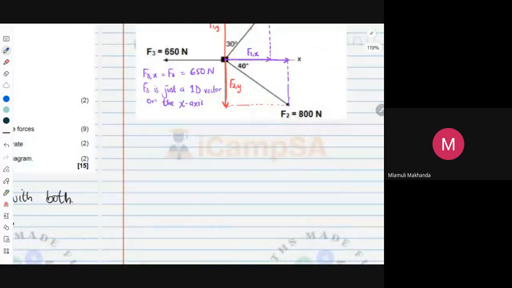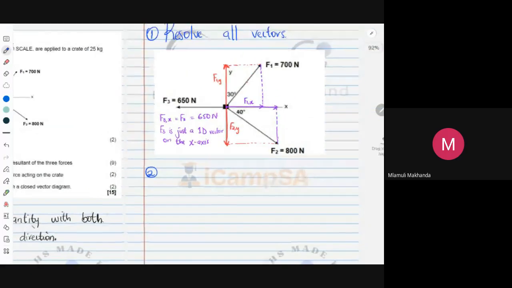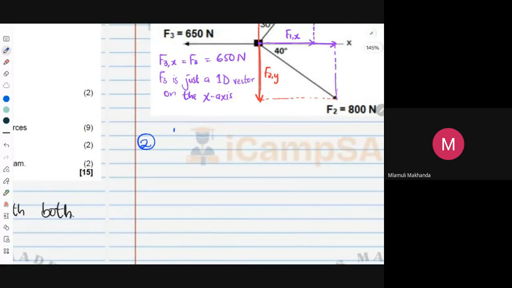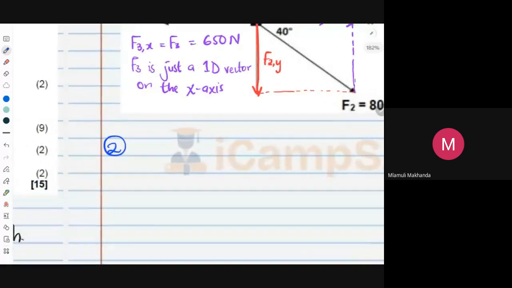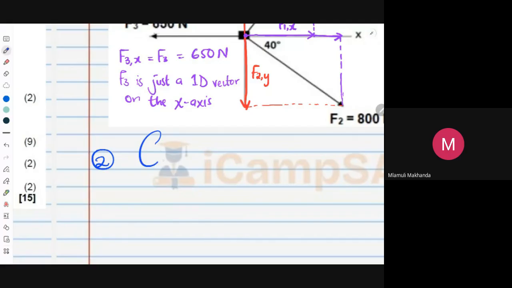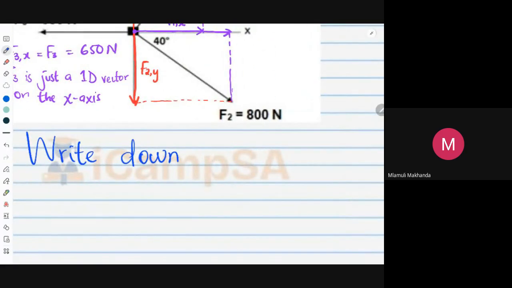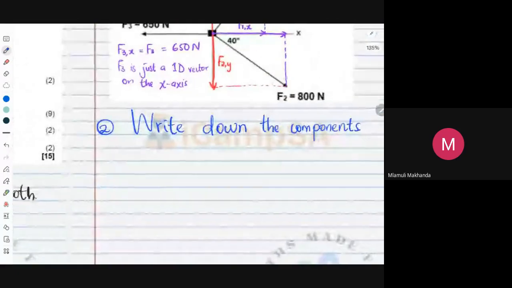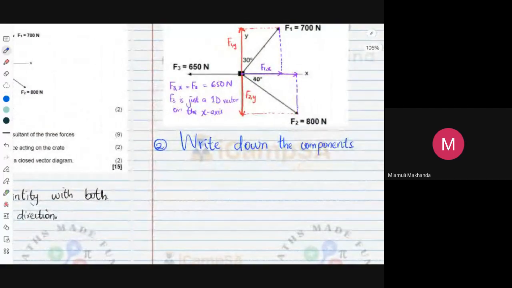Now, step 2, you write down the mathematical relationships of the components. So now what this means is, let's start with F1.